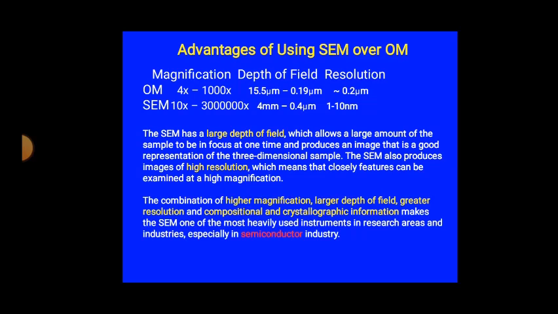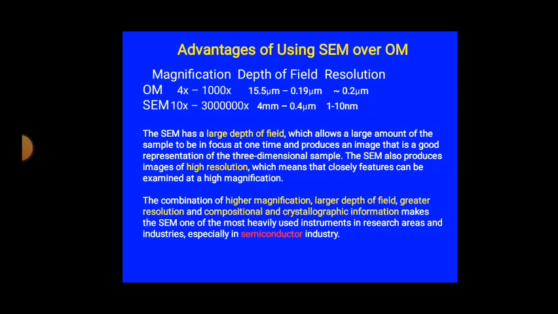Now SEM has a larger depth of field, which allows a large amount of the sample to be in focus at one time and produces an image that is a good representation of the three-dimensional sample.